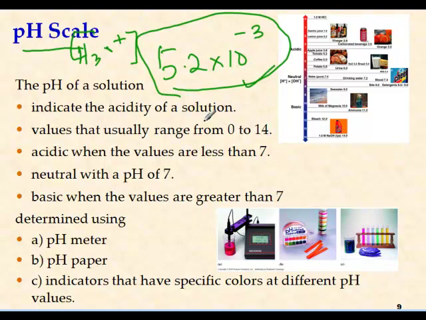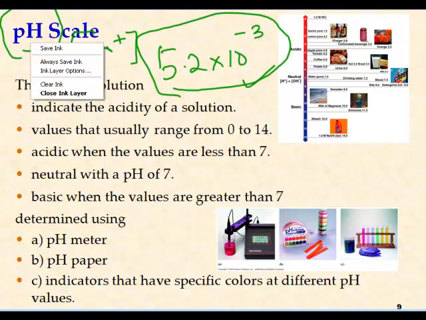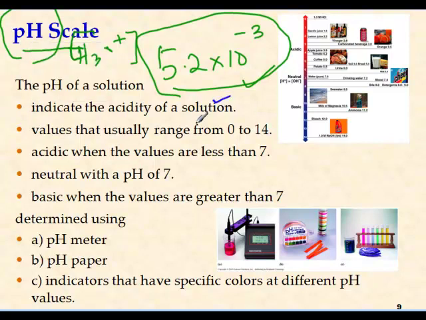So now a scale has been designed, called the pH scale, which stands for partial hydrogen ion concentration of a solution. The pH scale indicates the acidity of a solution, whether it is acidic or basic. The range is from 0 to 14, where 7 is the midpoint and the neutral point.